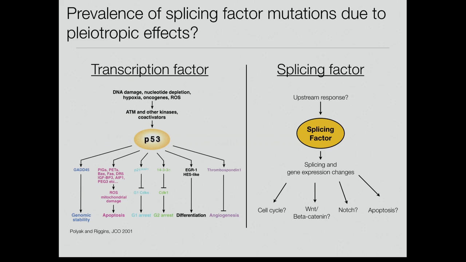Classically, P53, one of the most frequently mutated genes in cancer, is known to affect many different downstream pathways and have many different effects on the cell. We can think of it similarly with splicing factors.